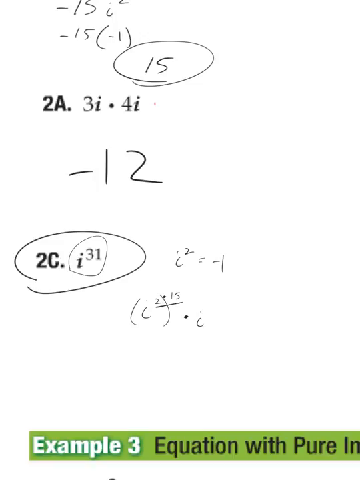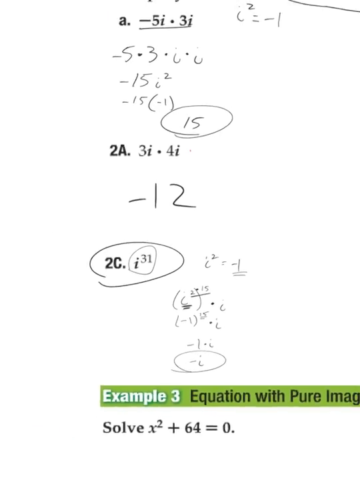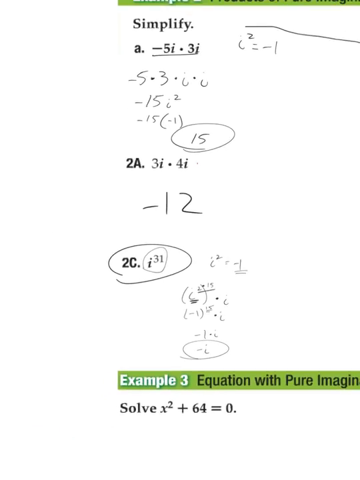So this is really just negative 1 to the power of 15, times i. That's why we chose i squared. Negative 1 to an odd power is just negative 1, times i. So i to the power of 31 simplifies to negative i.